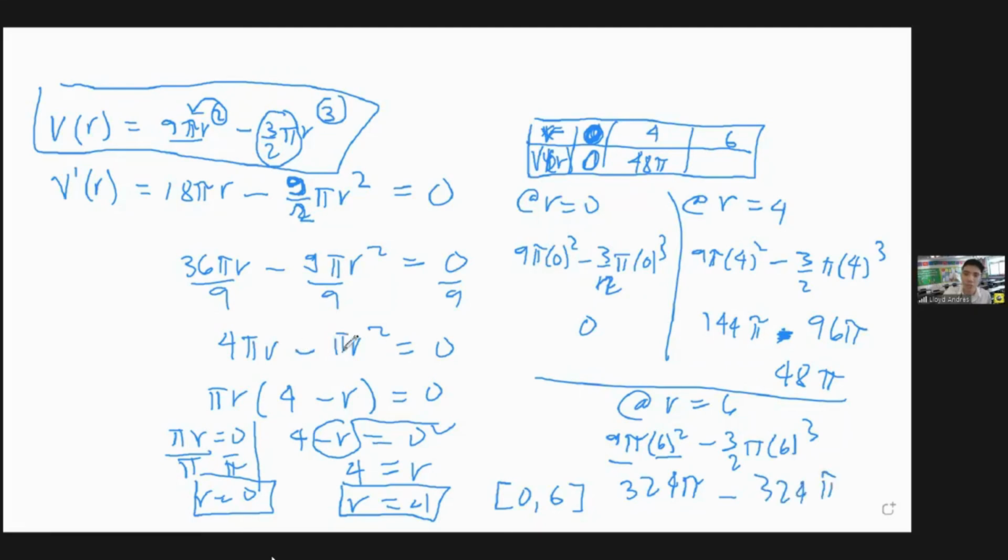So clearly in our table of values, the maximum is here.